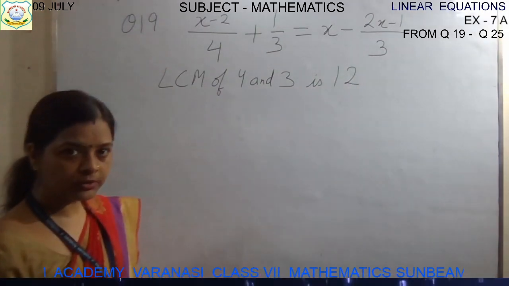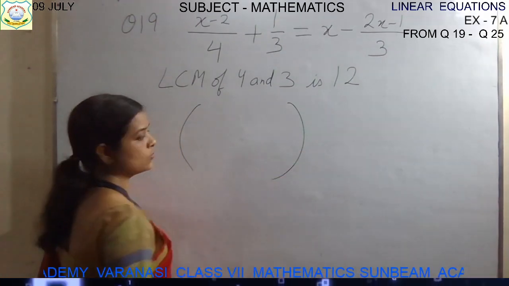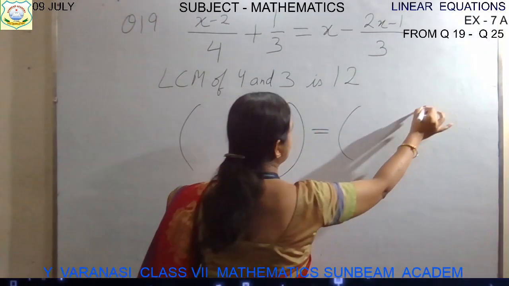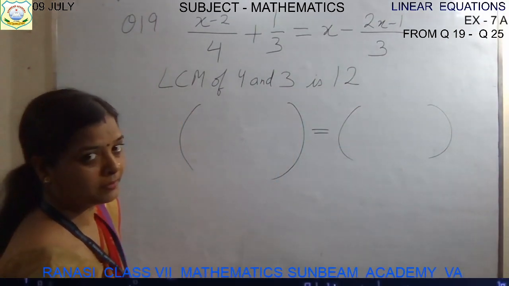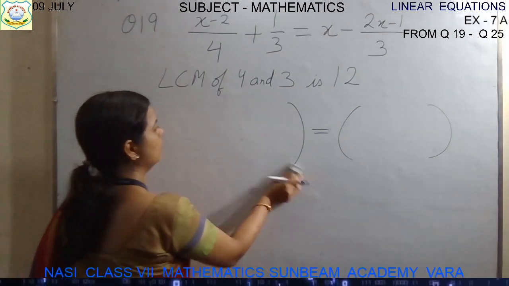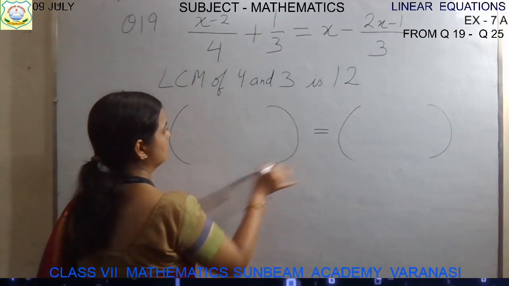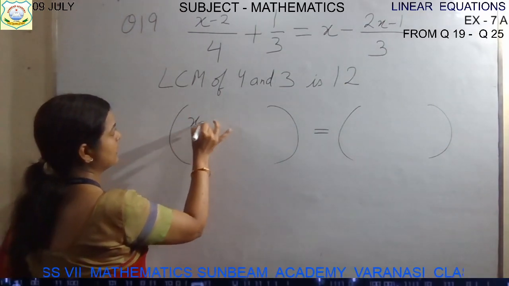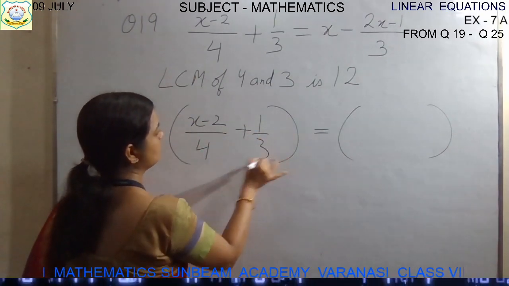So what will we do, children? We will multiply 12 on LHS as well as on RHS. It's very big right now, let me make it small. Now, what is my LHS? (x minus 2) by 4 plus 1 by 3.